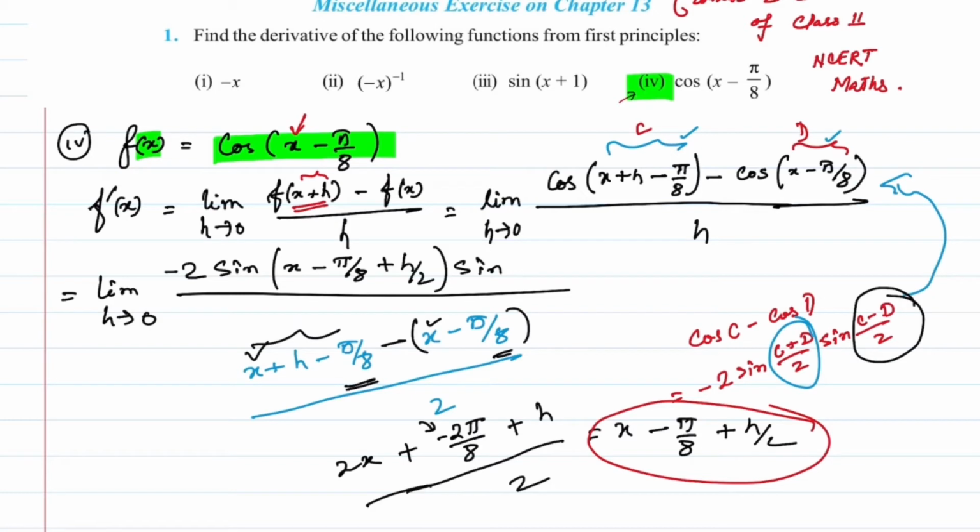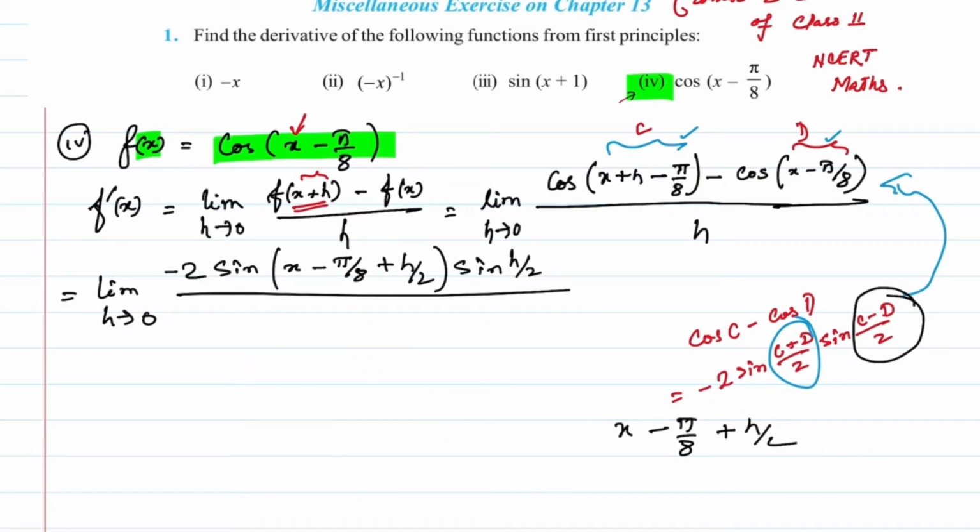This is c and this is d. C minus d by 2. So when you remove this bracket, then this sign minus will be plus. Then minus pi by 8 plus pi by 8 cancel, minus x plus x cancel. Then we have got h by 2.